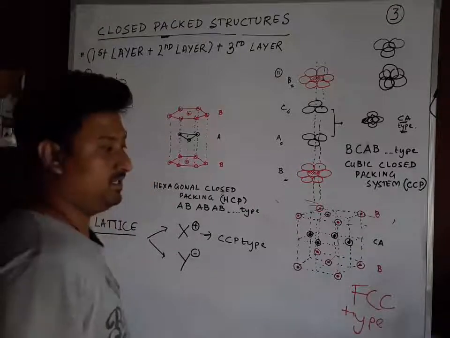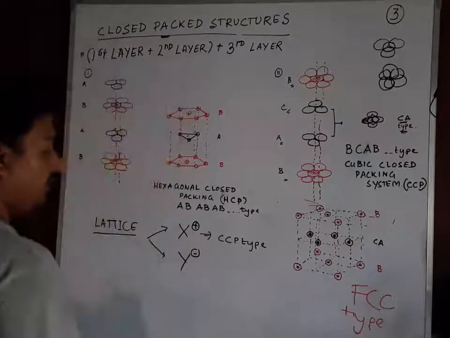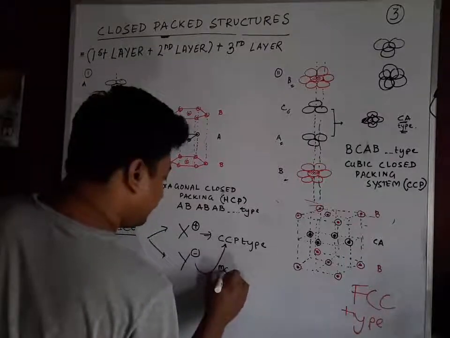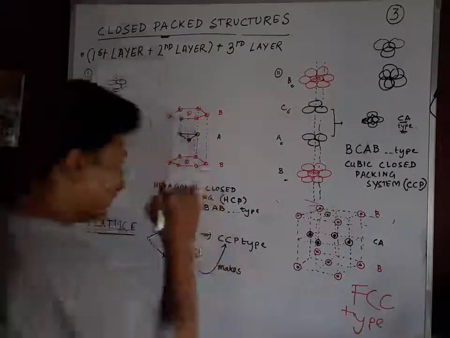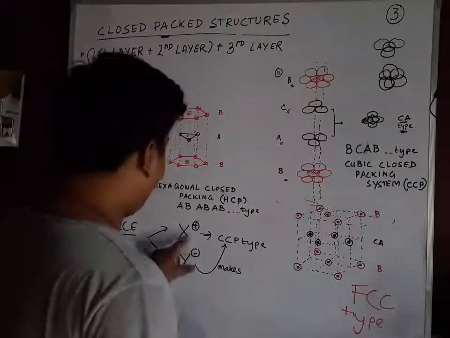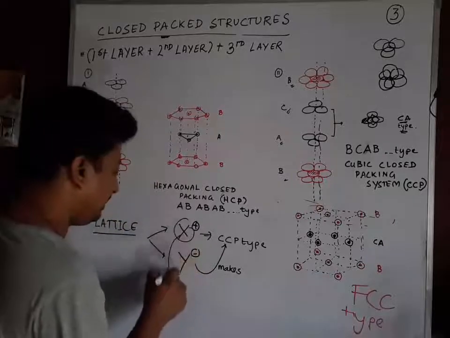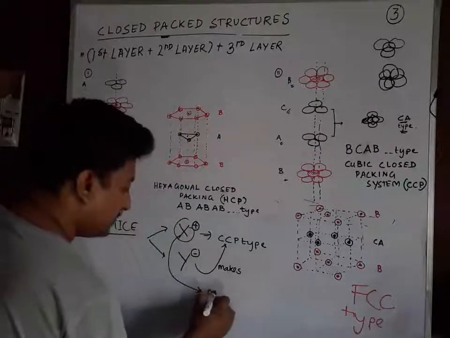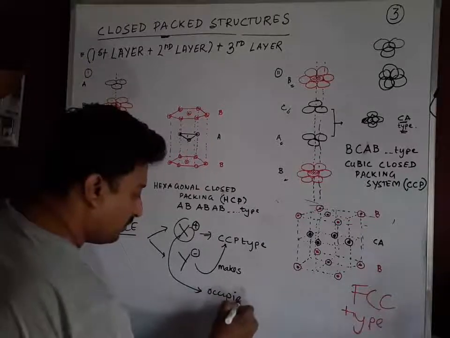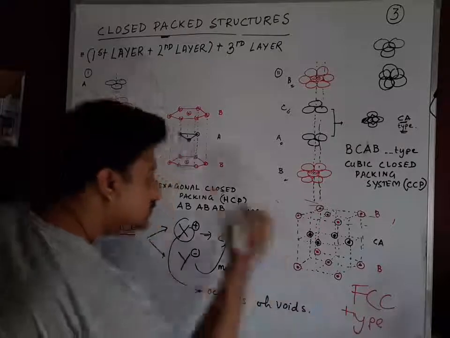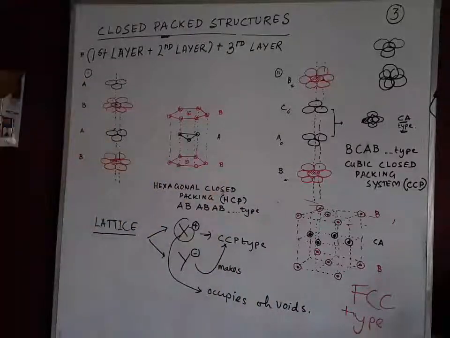Y makes the CCP, and X occupies the octahedral voids. So what is the question?